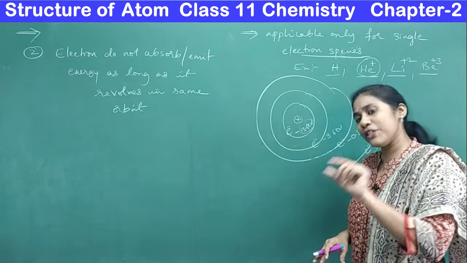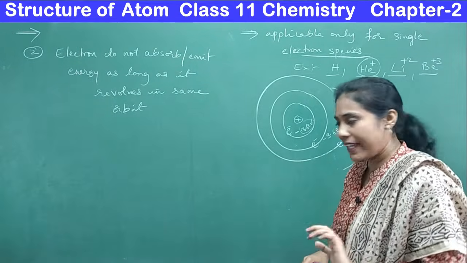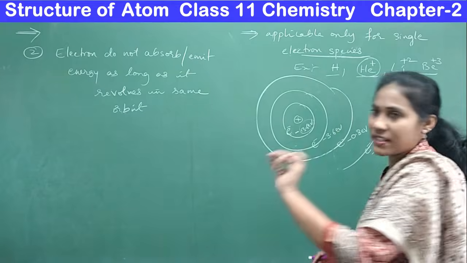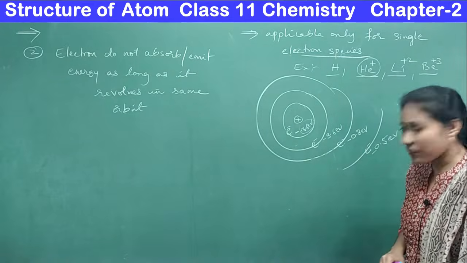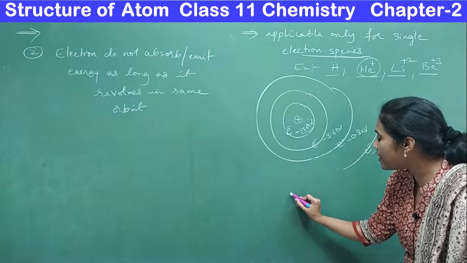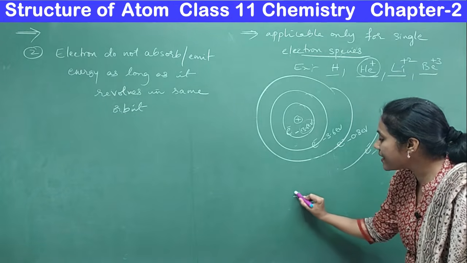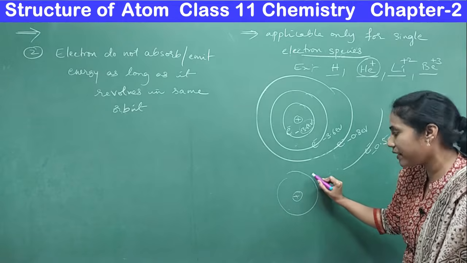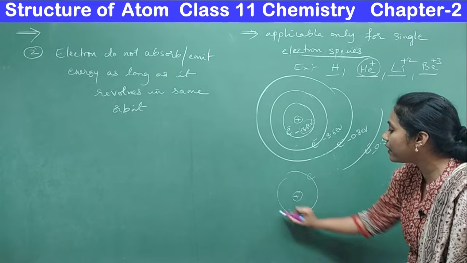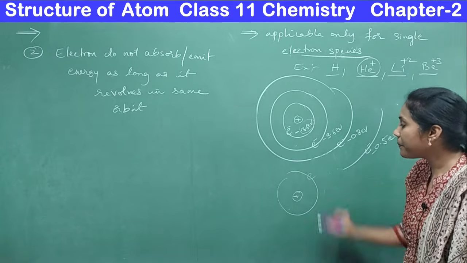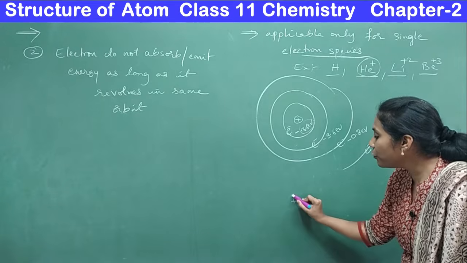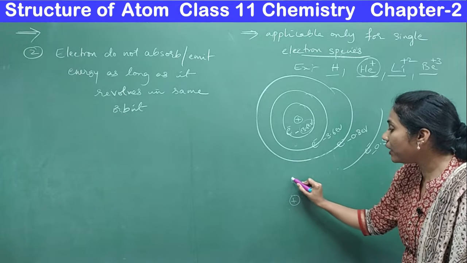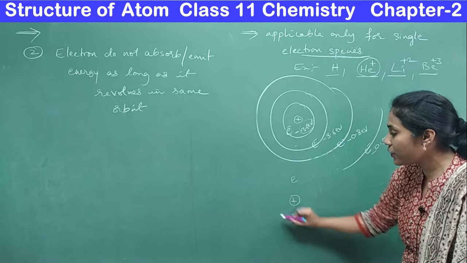Do you know the limitations of Rutherford? We studied that. Say, why was Rutherford's theory not acceptable? It's because he said the nucleus is there at the center. He also said electrons will revolve in a circular path called an orbit.